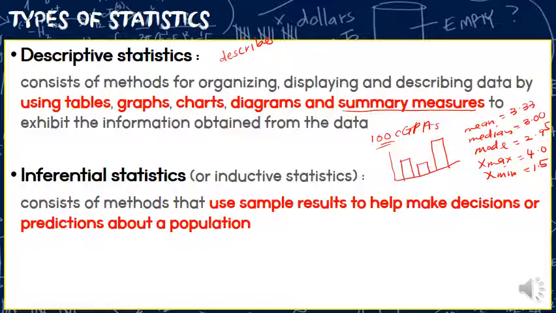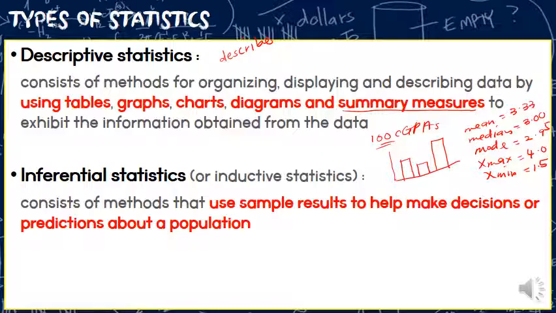Whereas dalam type yang kedua ni, nama dia inferential statistics. Consists of method that use sample result to help make decision or prediction about the population. So if you read carefully, dia kata inferential statistics ni adalah method di mana awak menggunakan sample result untuk buat satu conclusion, untuk buat satu prediction about the population.